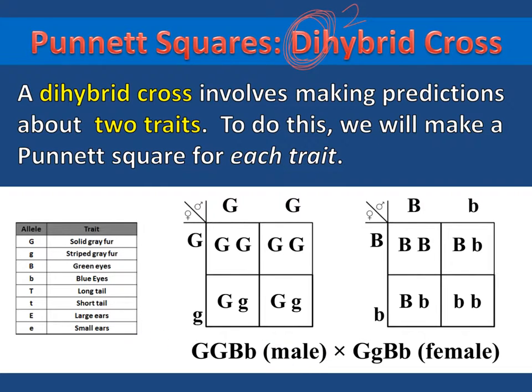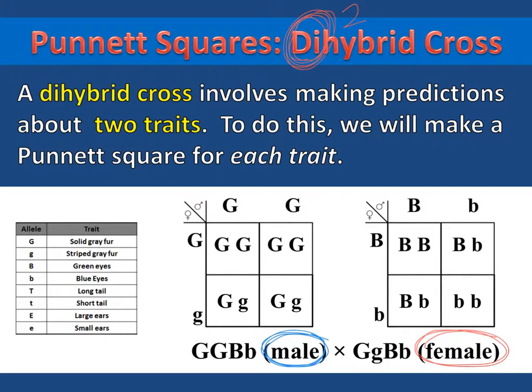So the male, notice that is not just 1 letter, there are 2 letters, G and B. As for the female, the mama, also has 2 letters, G and B. G represents 1 trait, and the letter B represents another trait. So there are 2 traits here.